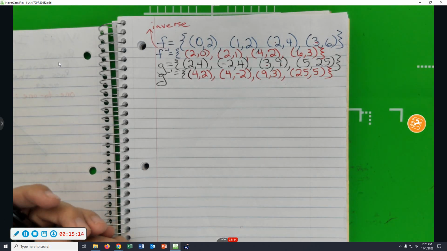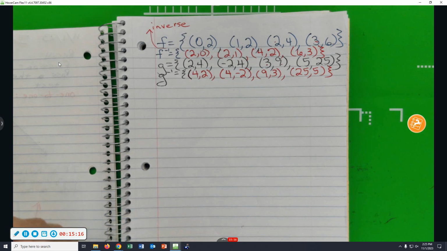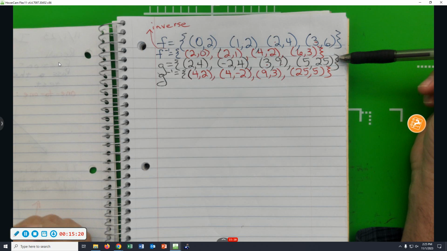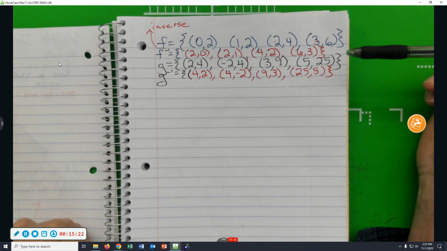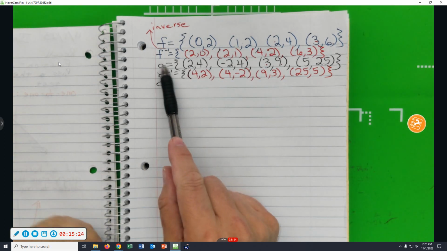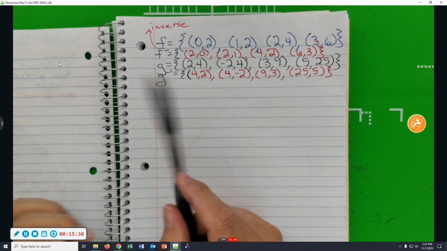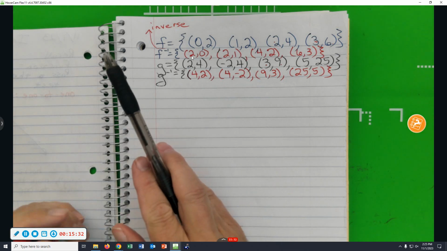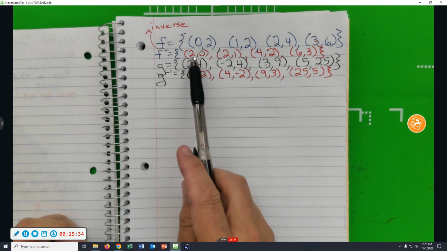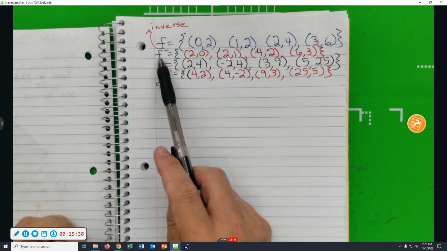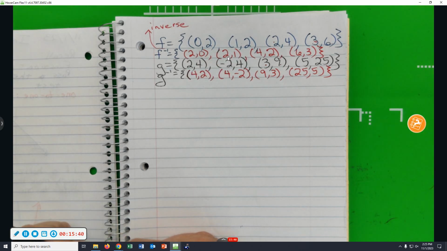Looking at these ordered pairs, we said that f is a function and g is a function. Are their inverses functions? Look at f inverse. I think right off there's something wrong with it. What is it? Remember, to be a function, there can't be a repeated x value. Here we have repeated x values, so f inverse is not a function.